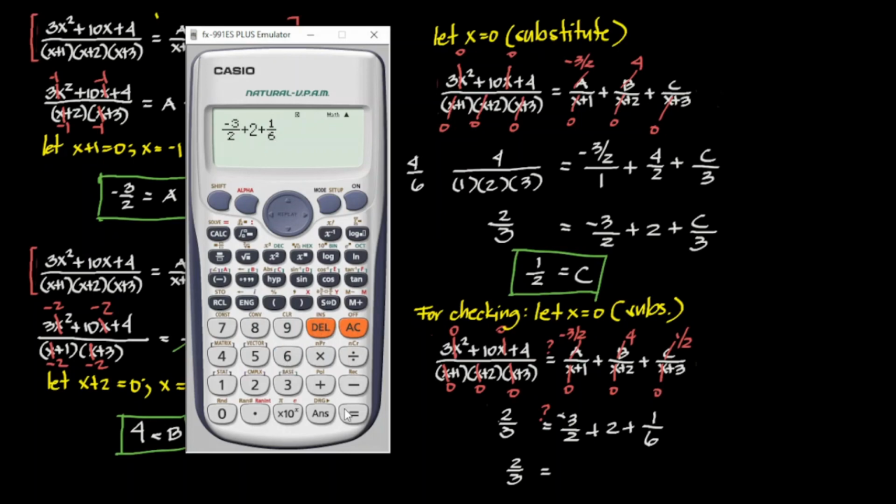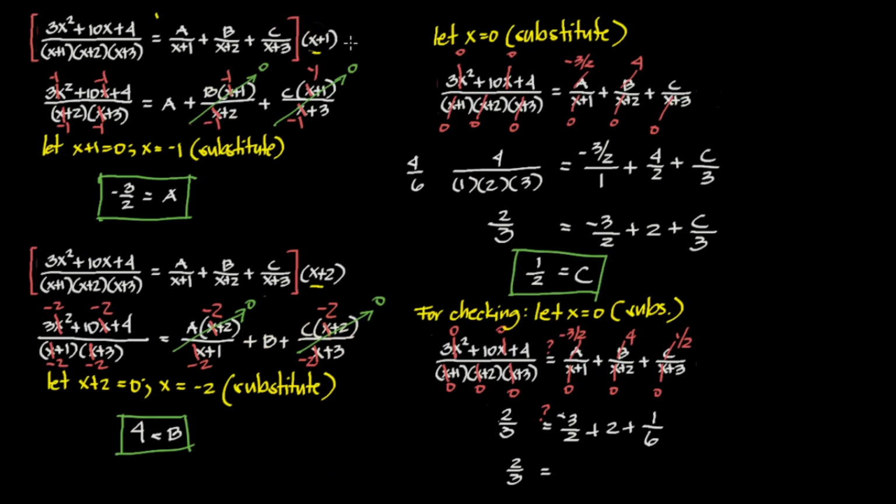Sorry. So, 1 over 6. Ayan. So, therefore, tama yung value na nakuha natin for A, B, and C. So, correct. So satisfied na tayo. So, yun lang. Kailangan mo lang i-check just to verify na tama yung sagot na nakuha natin.